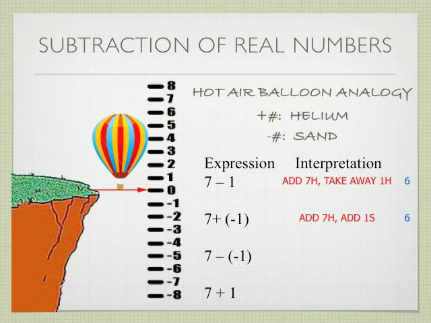This next one, I add 7 bags of helium, and then I take away a sand bag. I'm going to be at 8 feet above the cliff. So do you see why you can cancel those negatives now? 7 plus 1, I add 7 heliums, I add 1 more helium, and I'm 8 feet above the cliff.